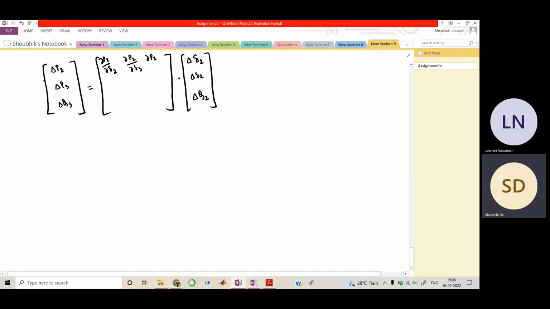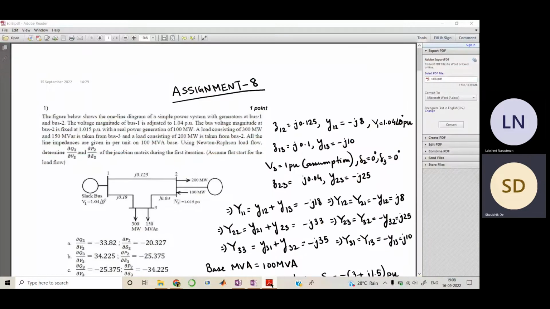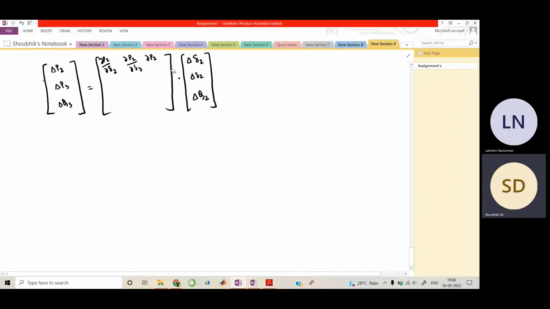We also don't know the voltage at bus 3. The right-hand side of this matrix is composed of the delta values and the voltage, so this was wrong. This would be delta mod V3, and hence we can construct this. So this would be your delta V3.